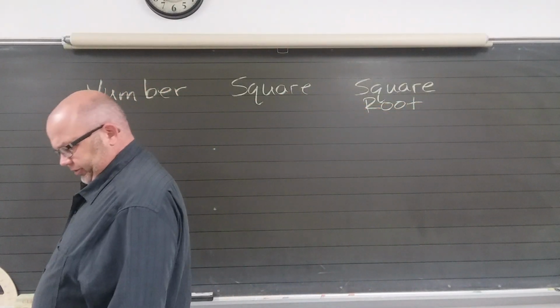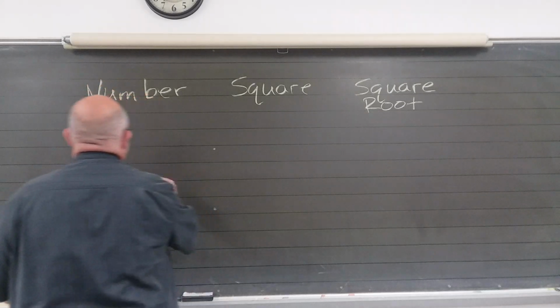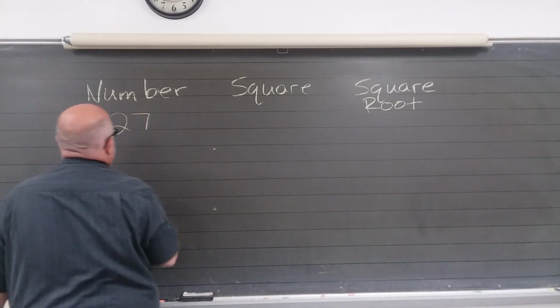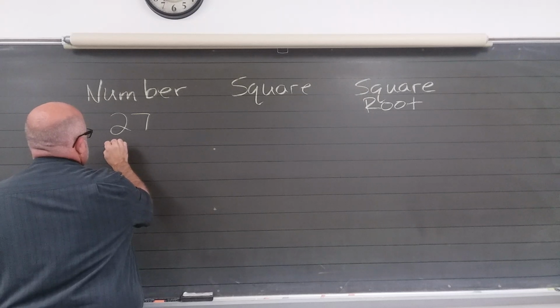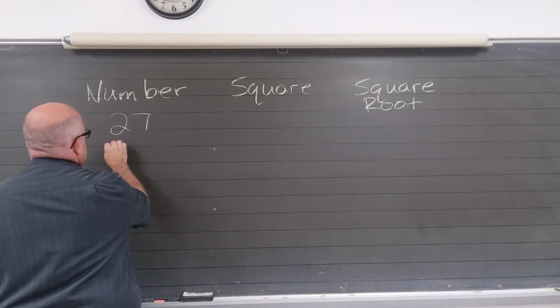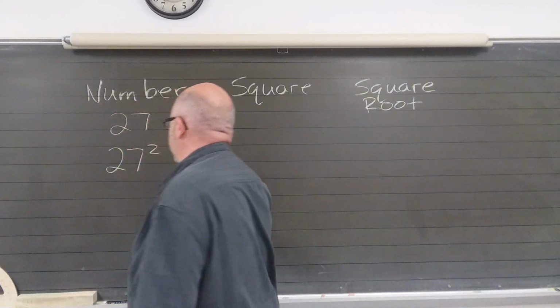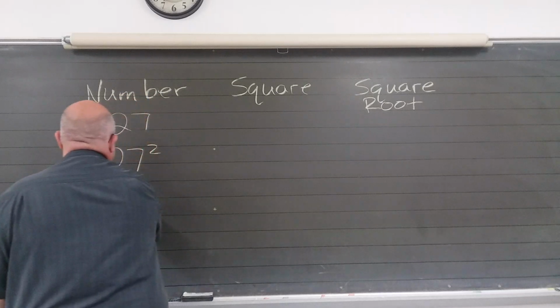So in this case, they are asking for the square of 27. So your number is 27. In your book, this is 27 with a little 2. That means you want the square of 27.